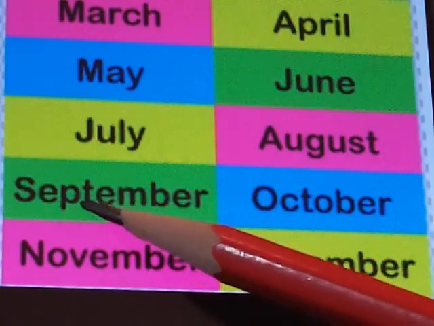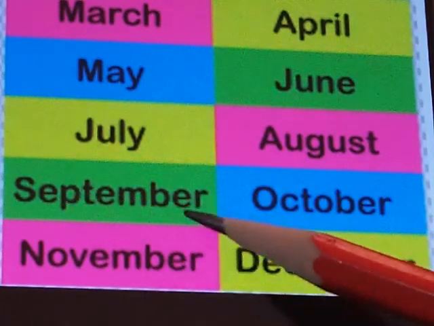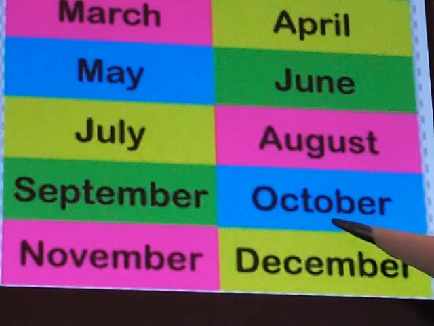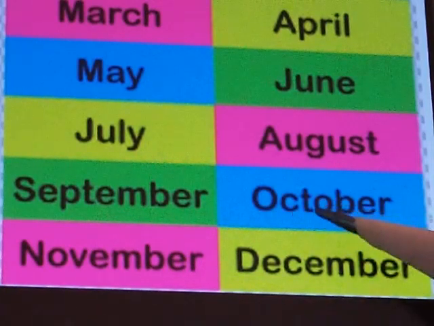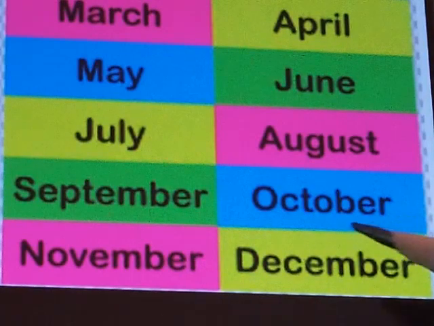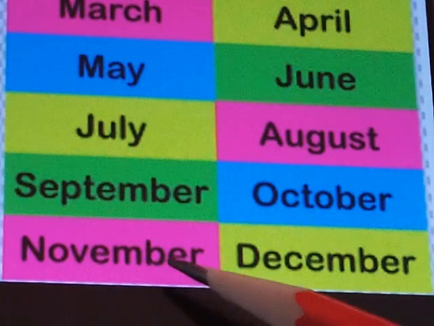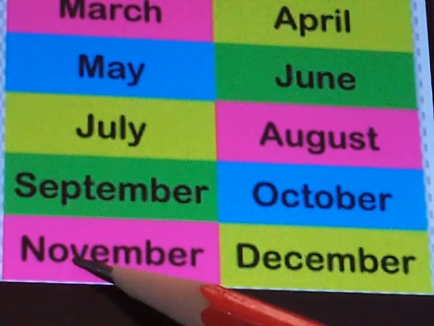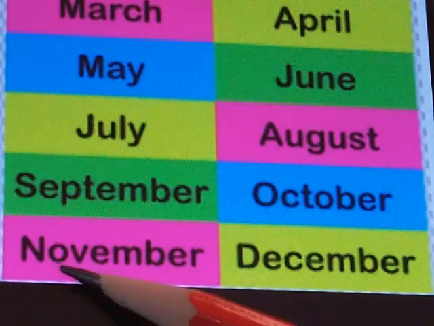September, September. October, October. November, November.